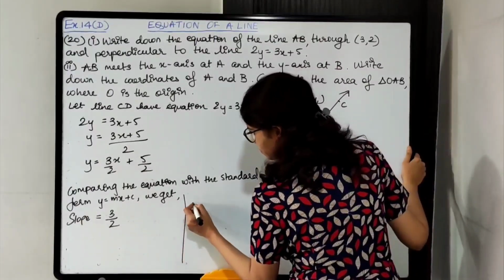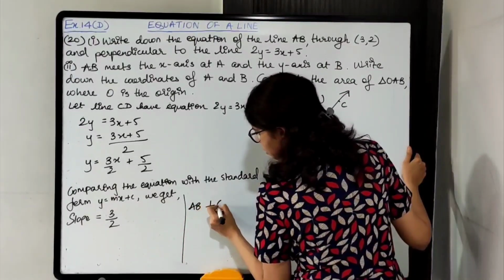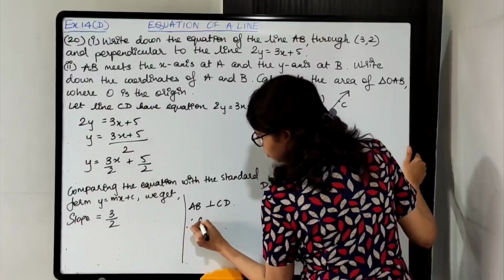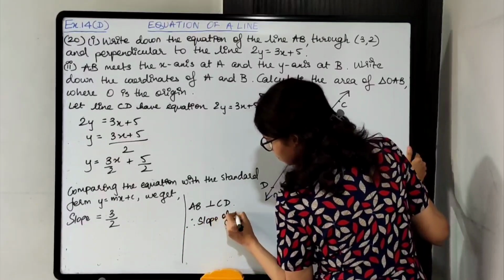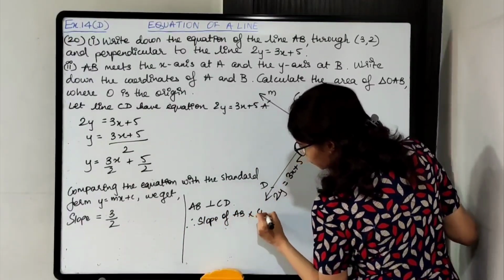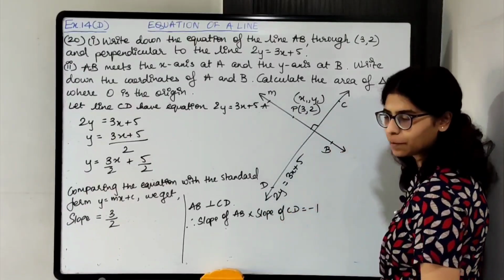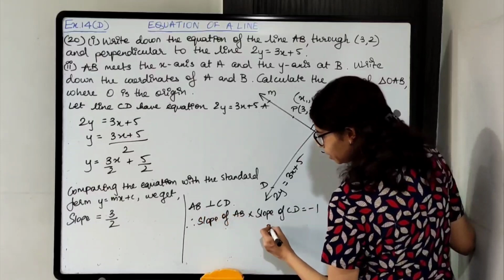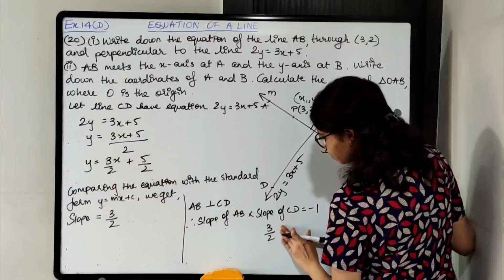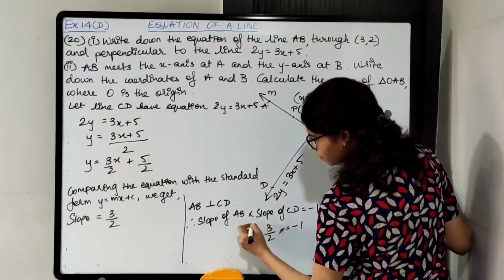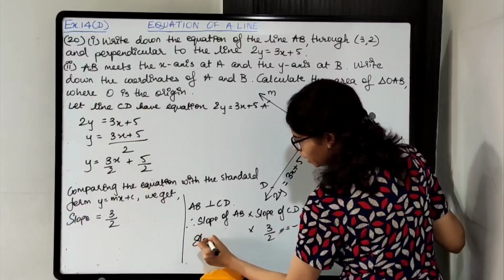So write down: AB is perpendicular to CD. Therefore slope of AB into slope of CD is equal to -1. The slope of CD is 3 by 2, into slope of AB.